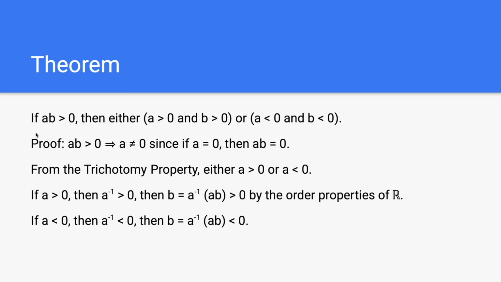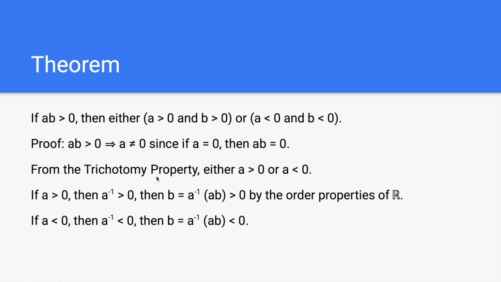Theorem. If AB is greater than 0, then either bracket A is greater than 0 and B is greater than 0, or bracket A is less than 0 and B is less than 0. Proof. If AB is greater than 0, we have A does not equal 0, since if A is 0, then AB is 0.